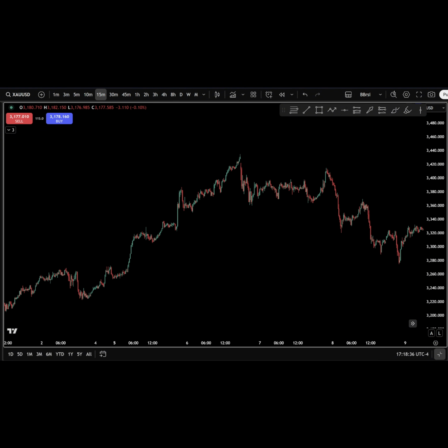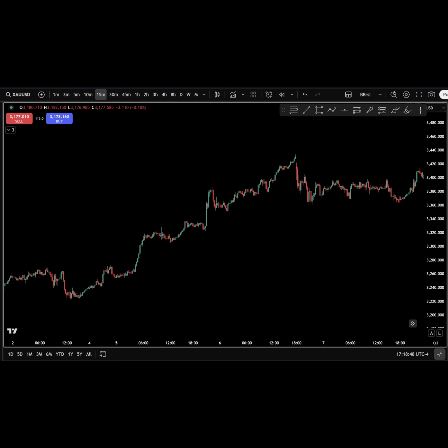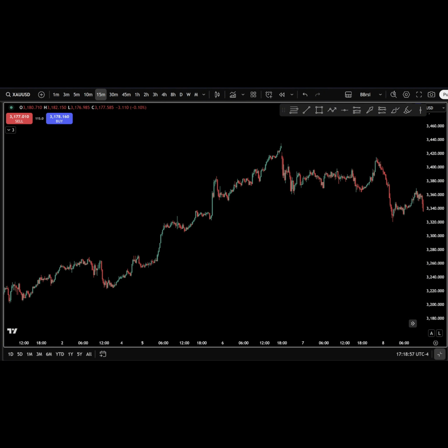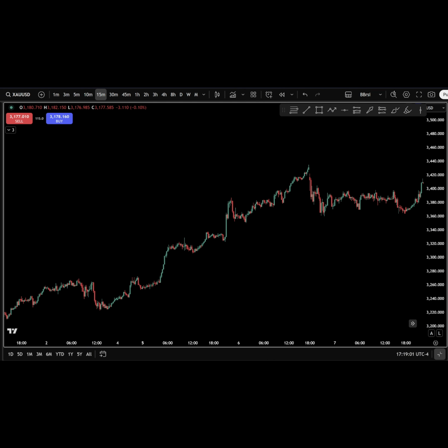The channels are basically like we talked about in the last lesson about trend lines, except it's both the bottom and top trend lines in parallel with each other, which makes the channel. So basically the support and the resistance, except it could be upward, sideways, or downward. Here we're going to show you an upward channel.